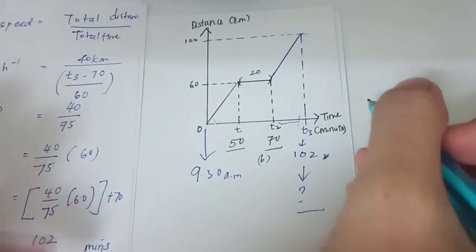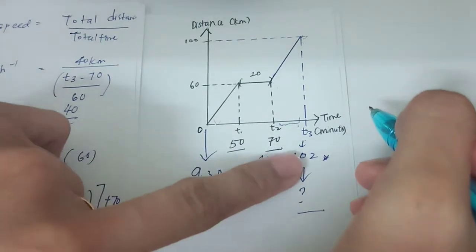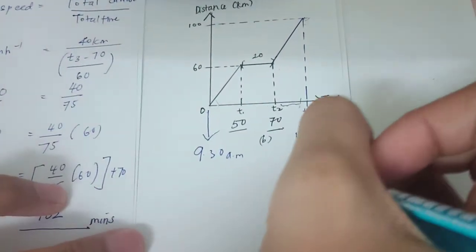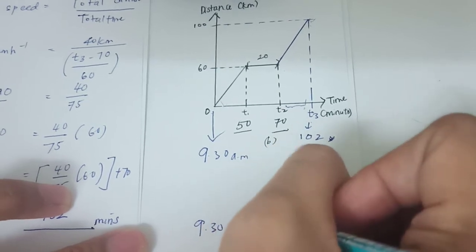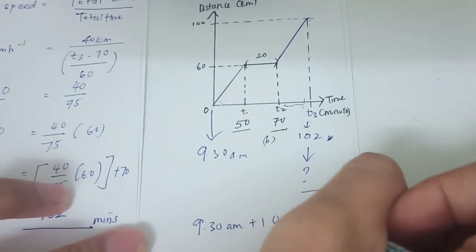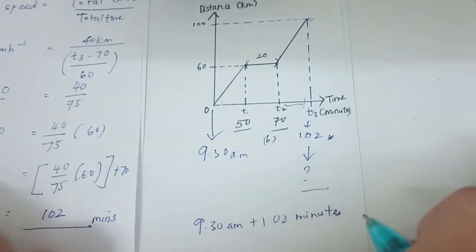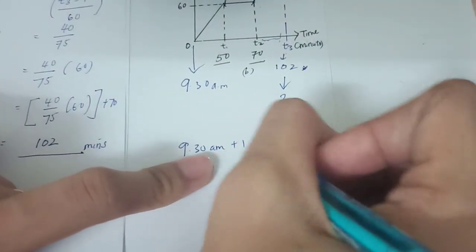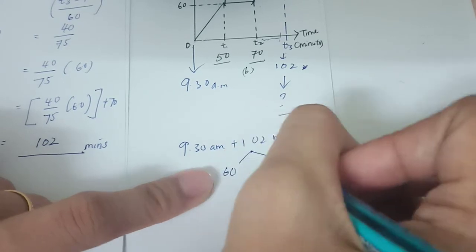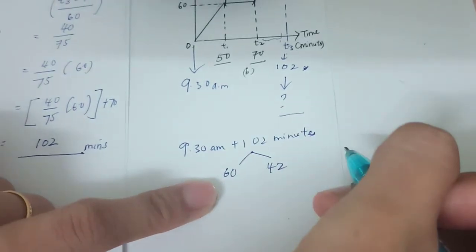So all we need to do is just 9:30 plus 102 minutes. Okay, and 102 minutes is coming from 60 plus 42.